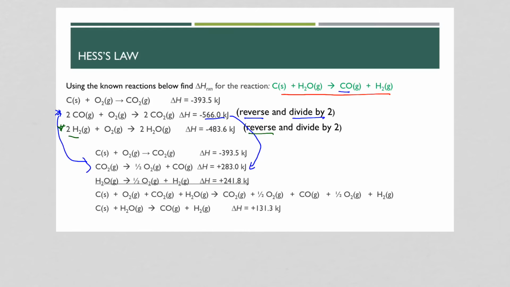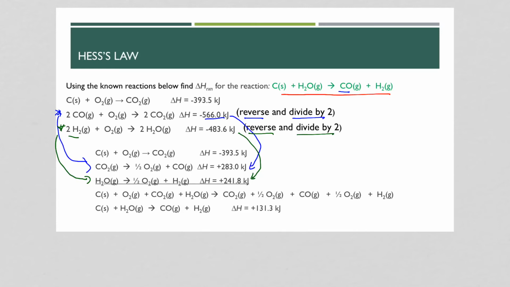We have 2 moles instead of 1 mole, so we're going to need to divide it by 2. So in order to go from here to here, we reverse the equation, we divide the coefficients by 2, so that means we do the same thing with the delta H. We change the sign, we divide it by 2 to give you positive 241.8. Okay. So now I have CO and H2.